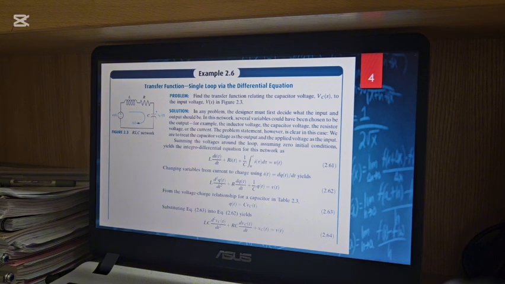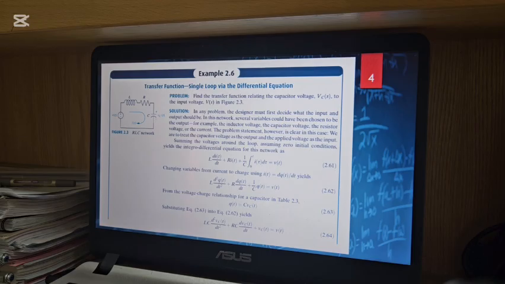The second one, we will change the variable I to Q, and then we will solve this differential equation from the voltage-charge relationship for a capacitor in table 2.3.